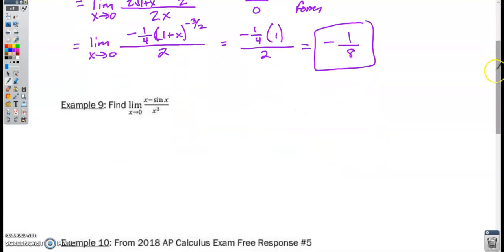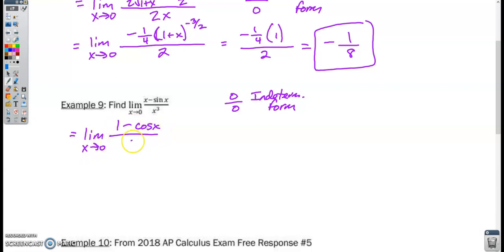All right. Example 9. Substitute 0 in, boom, it's 0 over 0. I apply L'Hospital's rule. It's the limit as x goes to 0 of 1 minus cosine of x over 3x squared. Guess what? Cosine of 0 is 1, so this is 0 over 0 again. So I apply L'Hospital's rule again.